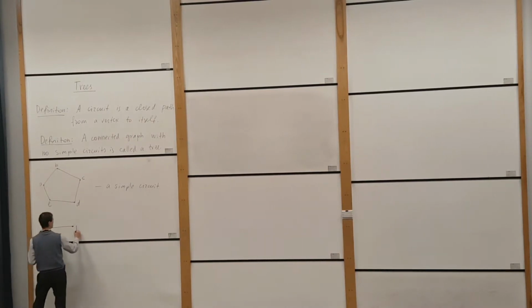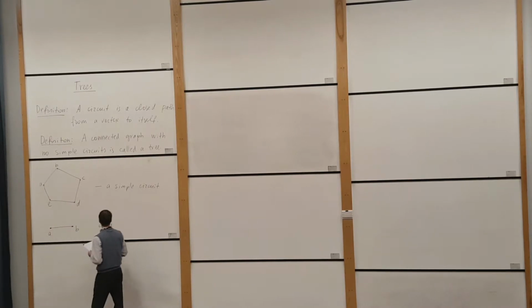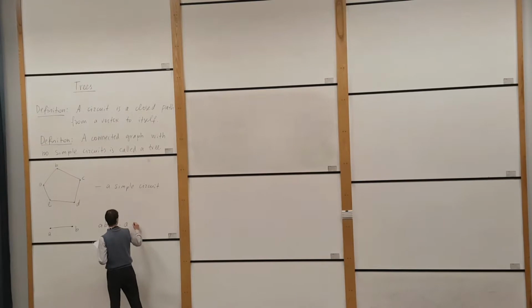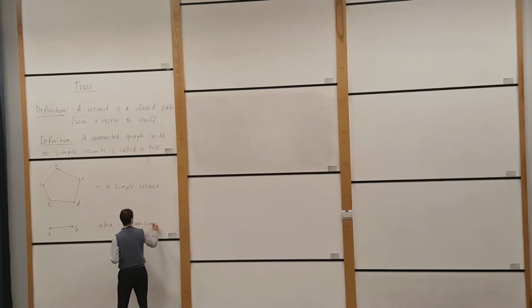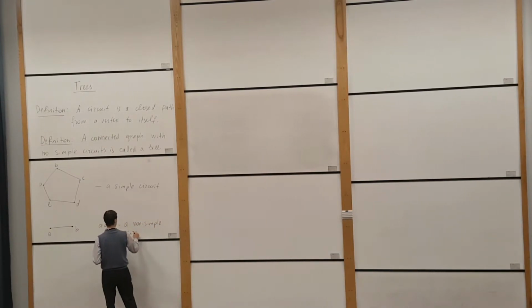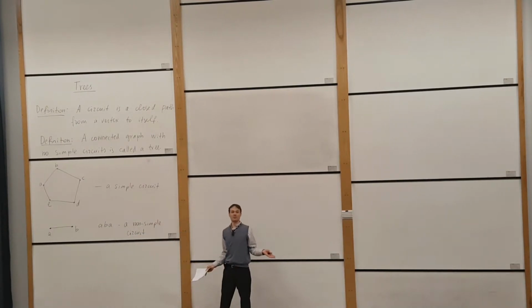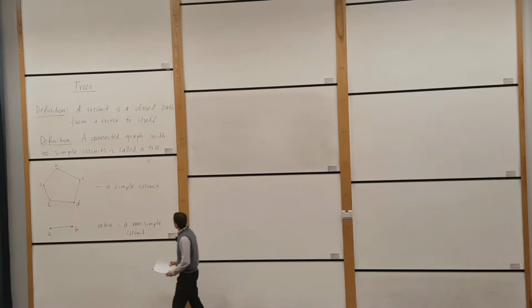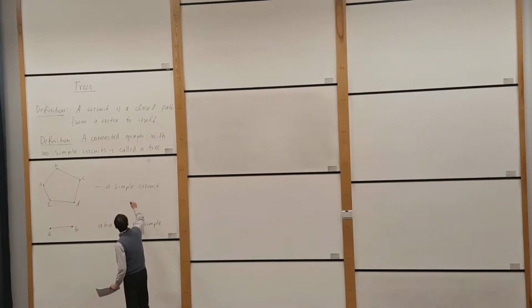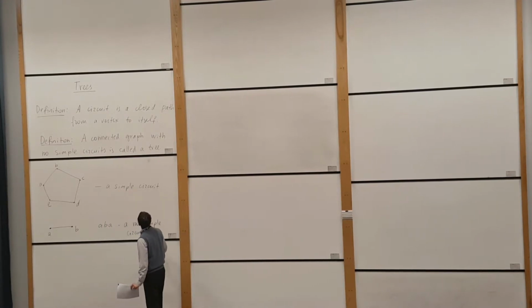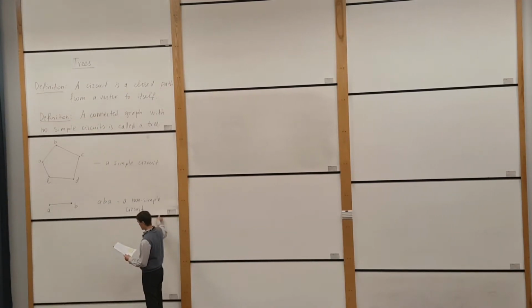For example, the closed path, the circuit ABA, where I go from A to B and then come back using the same edge, is a non-simple circuit. Such non-simple circuits always exist if your graph has at least one edge. But graphs with no simple circuits have special significance. They're called trees.